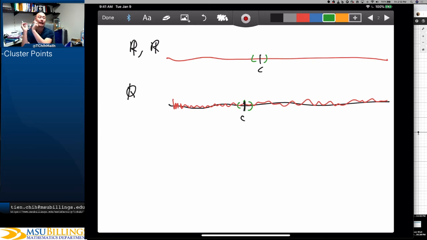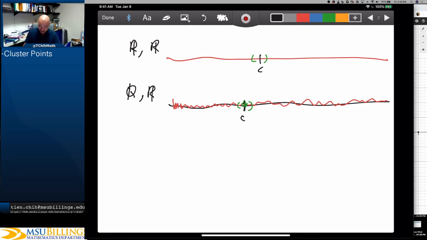That if I take any epsilon ball around it, there's rationals inside there too, right? And if I zoom in and I zoom in and I zoom in, there's always rationals there. That's the density of the rationals. So the cluster points of the rationals are likewise also R.